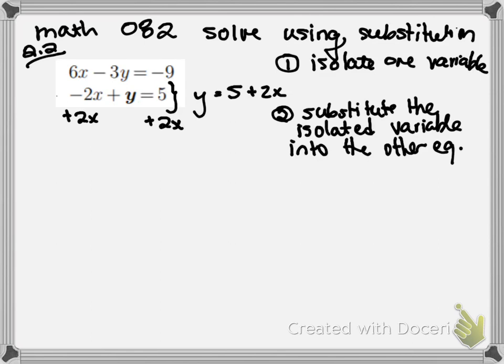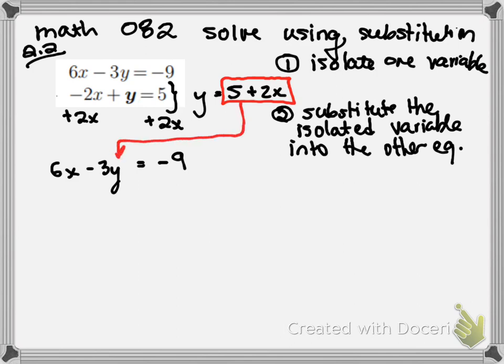So my other equation, as you can see, is the equation 6x minus 3y equals negative 9. So I'll try to use some colors here. So we found that y is equal to 5 plus 2x. So that means wherever I see y in this other equation, I'm not going to write y anymore. Instead of writing y, I'm going to write 5 plus 2x.